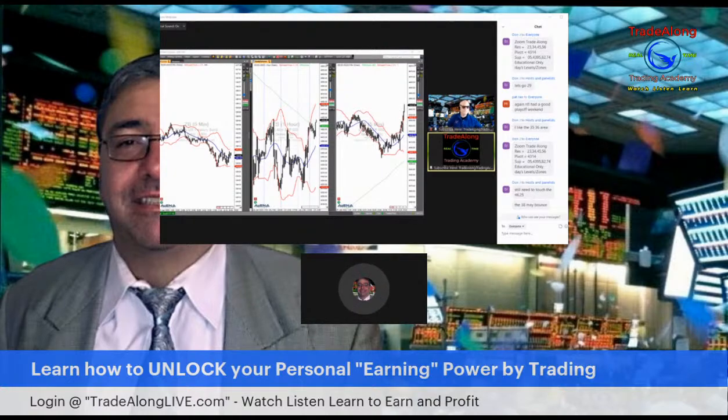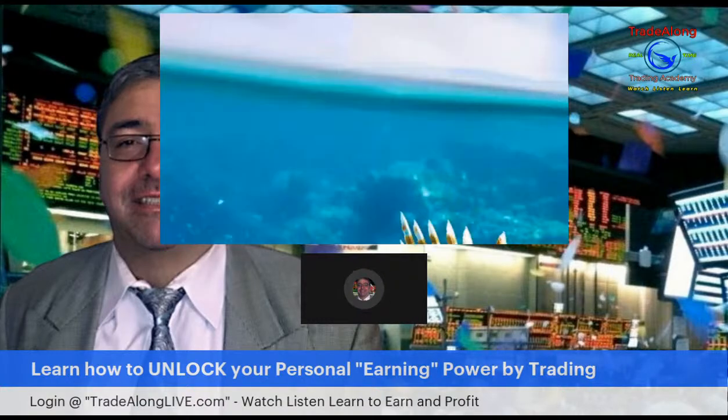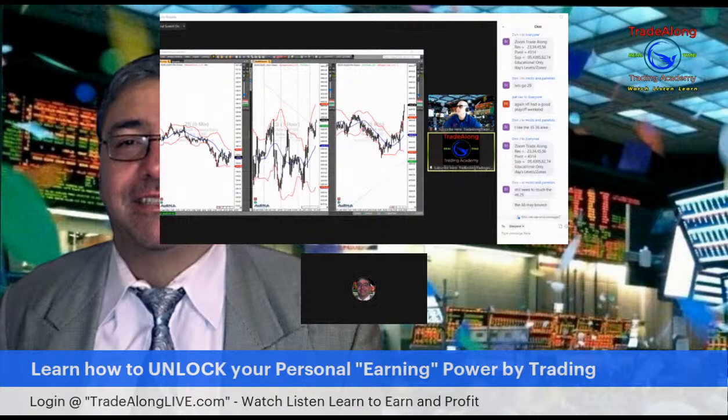Going to test this 45 area a little bit, see what it wants to do up here. All right, it's getting a nice little quick rotation there against our 45 area.